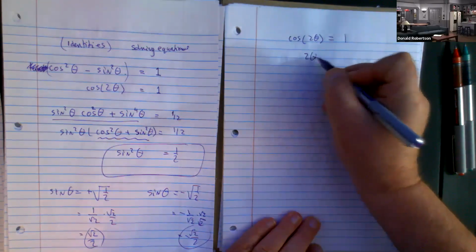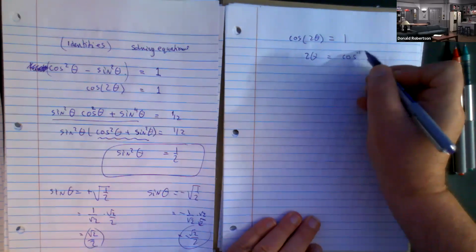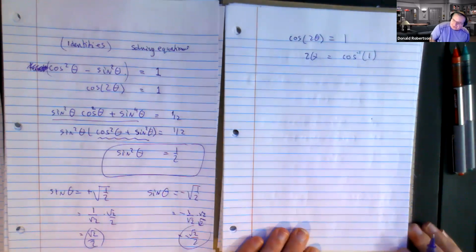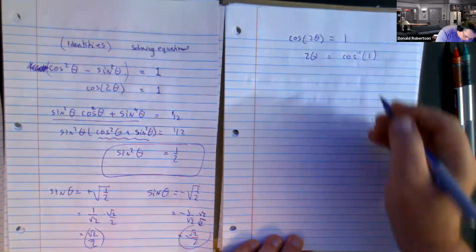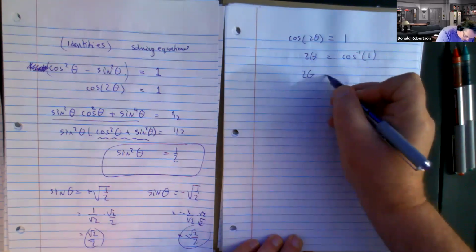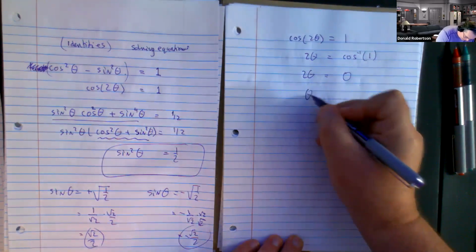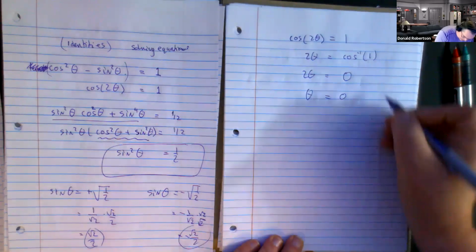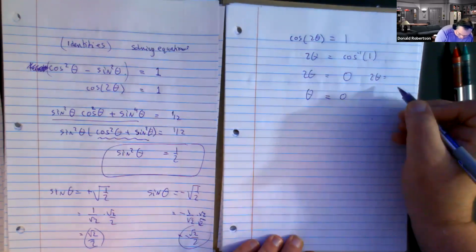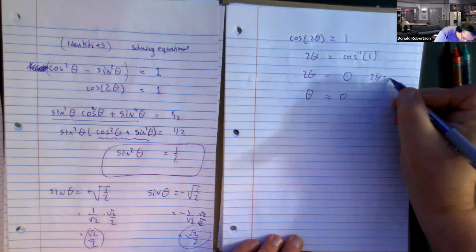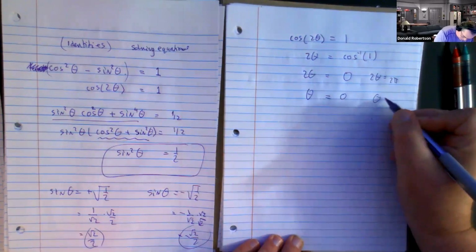Because 2 theta is the inverse cosine of 1. And what angle has a cosine of 1? Well, 0 has a cosine of 1, which means theta equals 0. And what else has a cosine of 1? 2 pi has a cosine of 1. So theta equals pi.